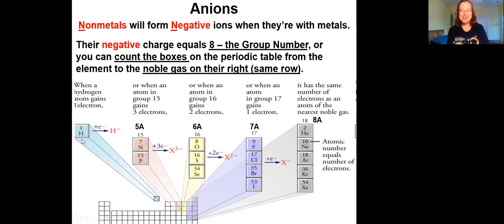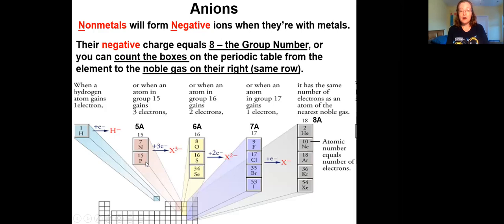All right, good old hydrogen. When hydrogen's with a metal, he will gain 1 electron and be hydrogen with a -1 charge. When he gains the electron, he has the same total number as helium. In group 5A, we have nitrogen and phosphorus.